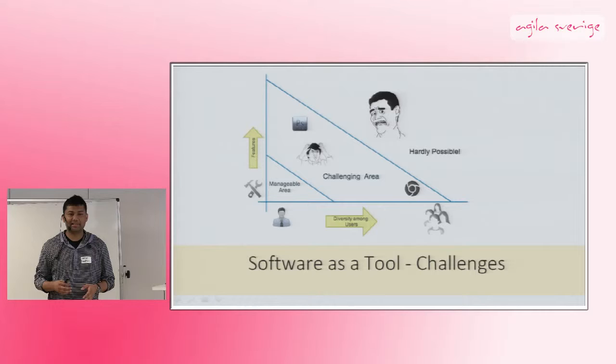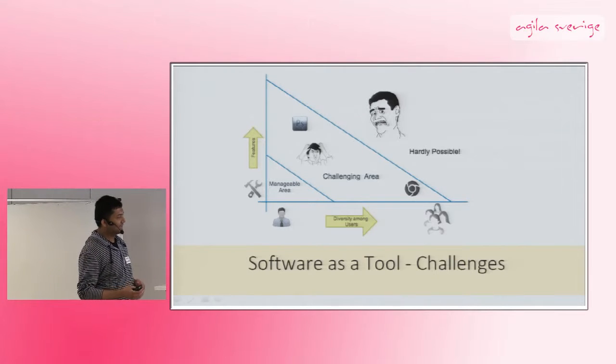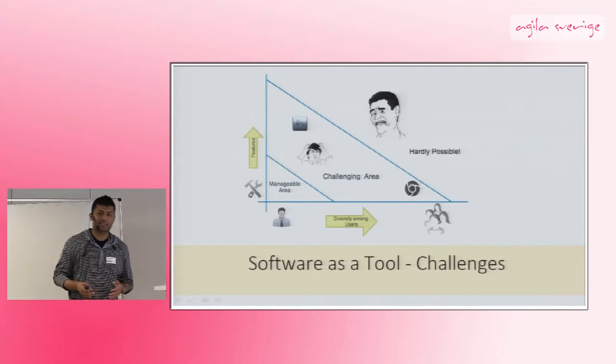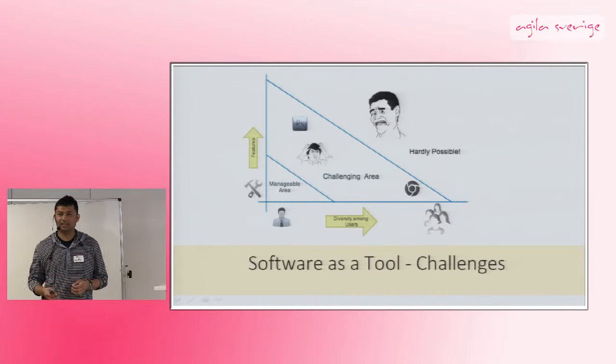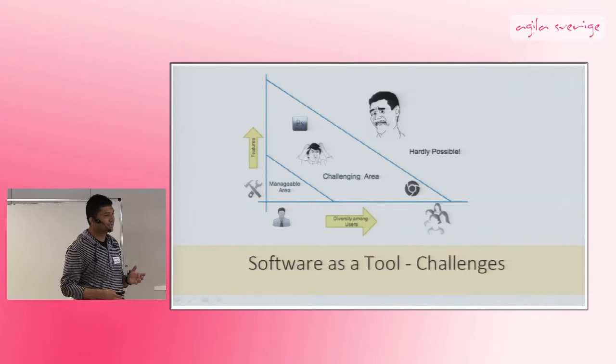But in software tools, it becomes a bit more challenging, since you can have thousands of features in the same tool. And also, as the diversity of users grows, you have users with different skill sets, different backgrounds, different goals, and different priorities. When you try to satisfy all of them, it becomes quite challenging.